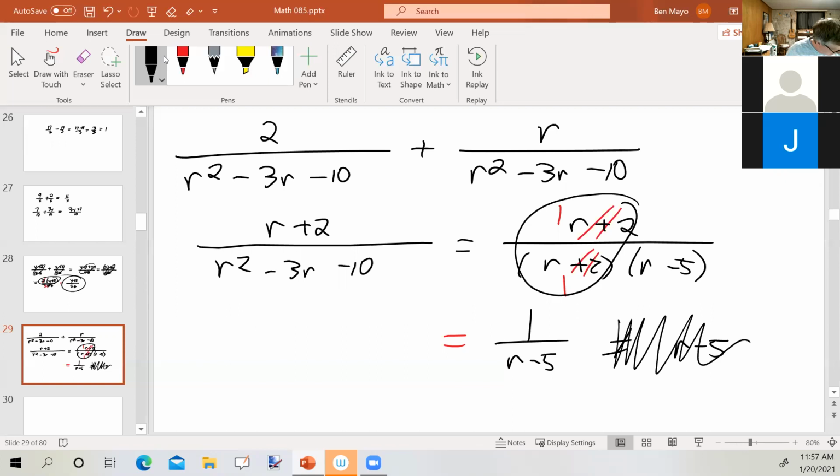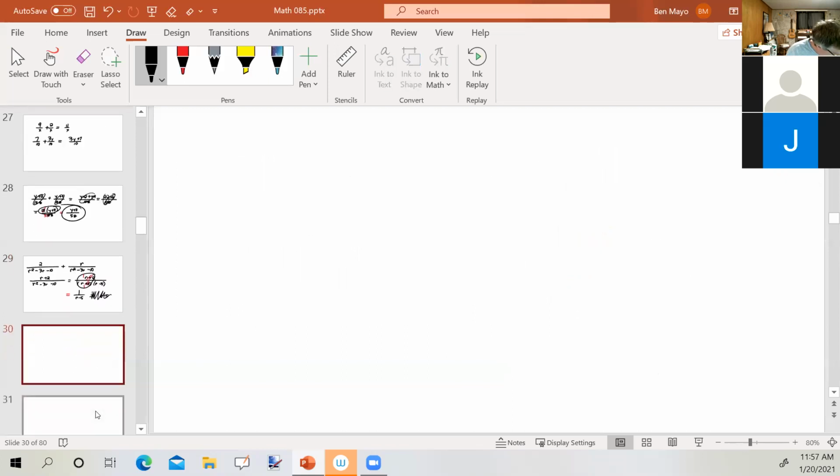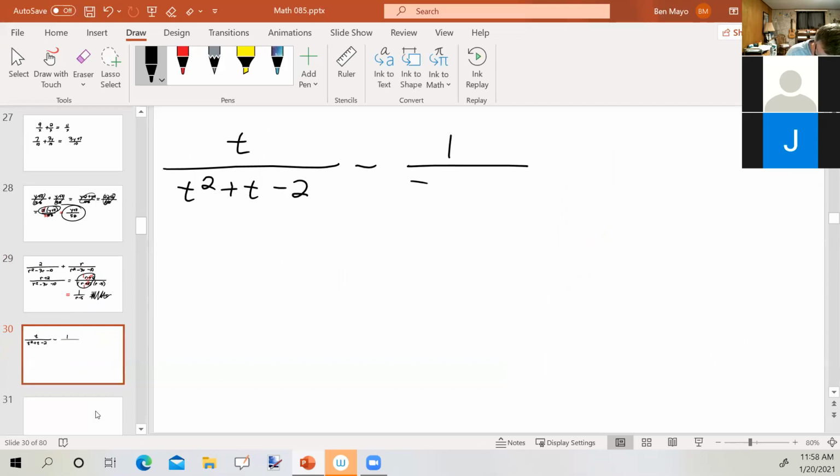Let's take a look at this one. t over t squared plus t minus 2 minus 1 over t squared plus t minus 2. Subtracting 2 fractions with the same denominator, we subtract the numerators over the common denominator.